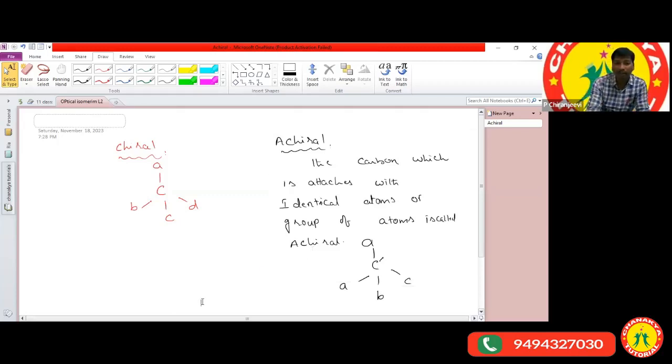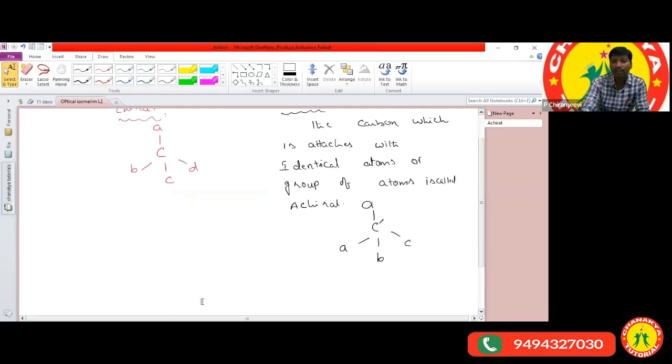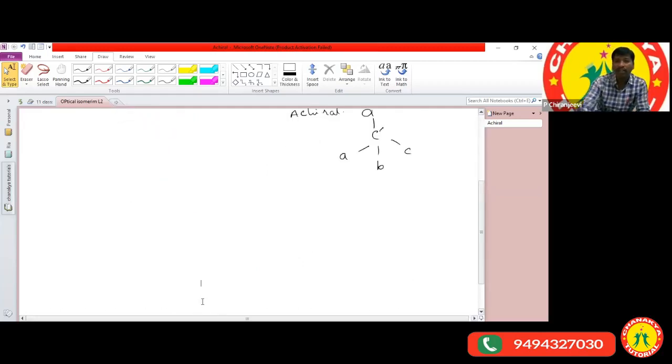For example, as per the examination pattern, if I had given CH3, CH, OH, COOH, the given molecular formula is a condensed formula.